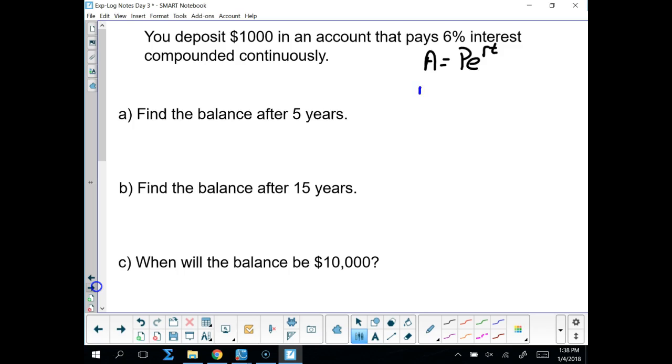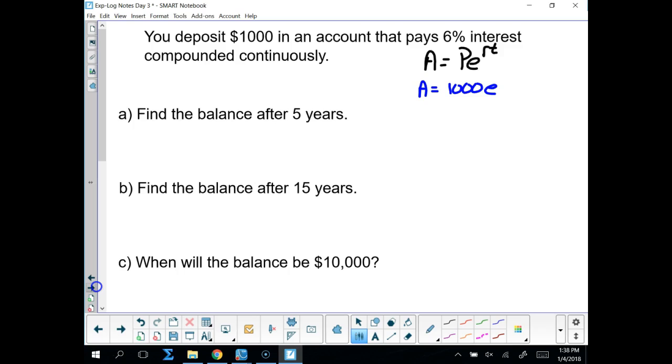So what is my initial starting value? 1,000. So P is 1,000. E is E. What's my rate of growth? Not 1.06, just 0.06.